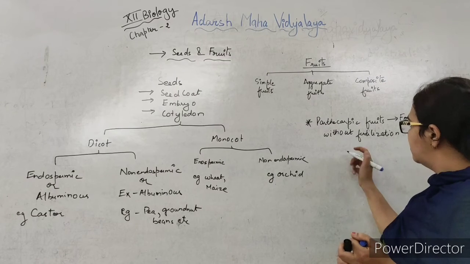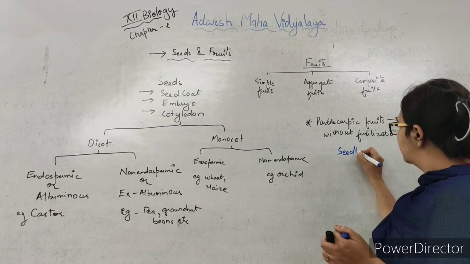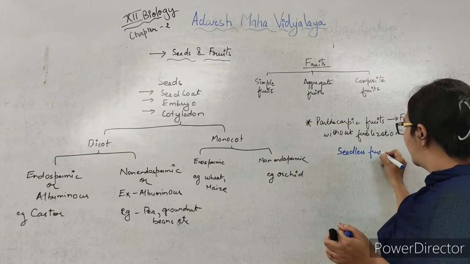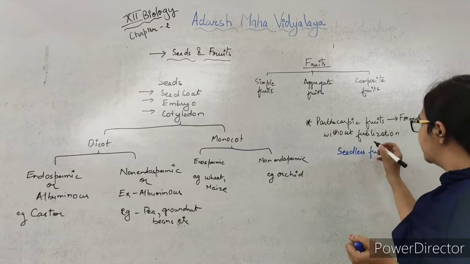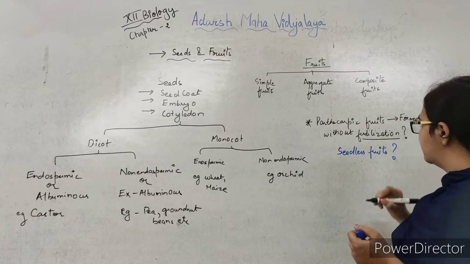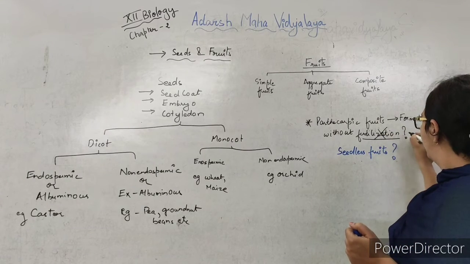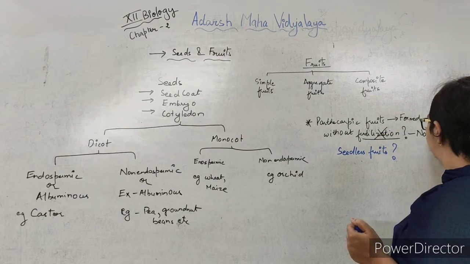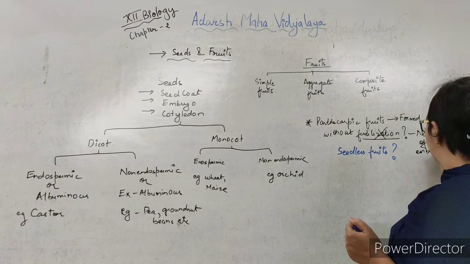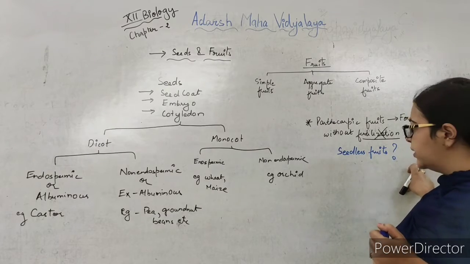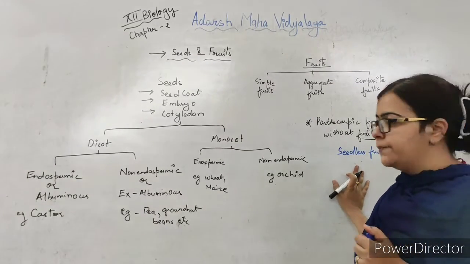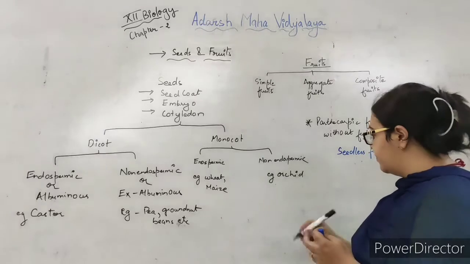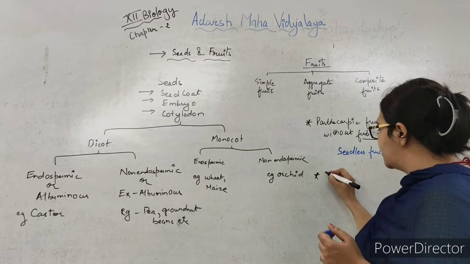Now these fruits are also called seedless fruits. Why? Here we can say that when there is no fertilization, there will be no formation of embryo. So when no embryo is formed, there will be no seed, and so these fruits are also called seedless fruits.